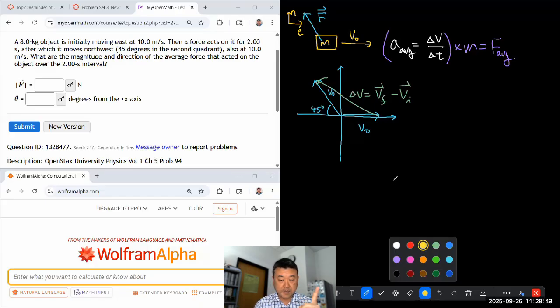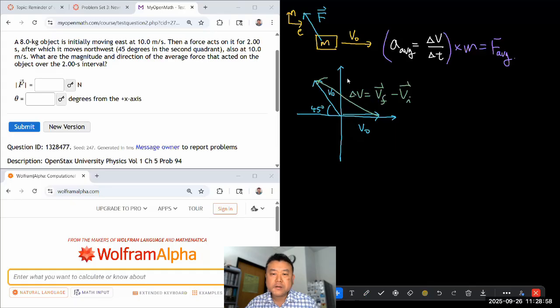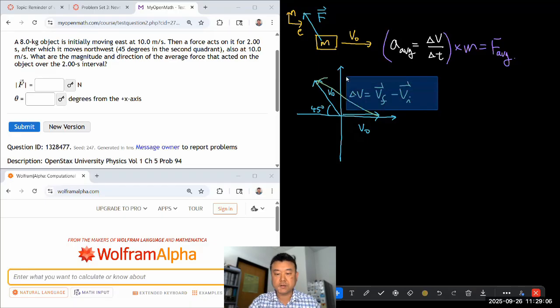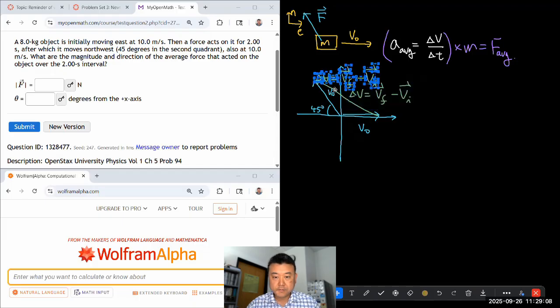I should start by writing out what the final velocity looks like. Let me organize my space a little better. Sorry, I didn't quite think this through. Let me copy and paste, because I need space to write more, and let me erase this.